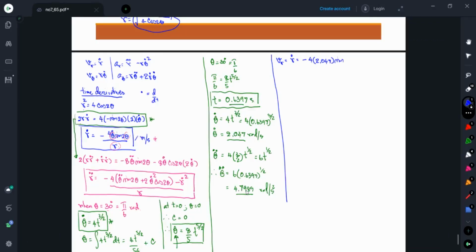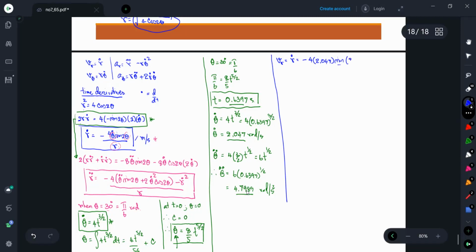2 theta. In this term, you may use the angle in degree since it is in the sine term, but I recommend you to use it in radian.